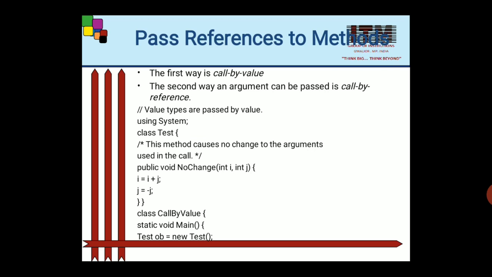The first way is call by value, and the second way an argument can be passed is call by reference. Here is the example of the first one, passing by value. Here we first describe how arguments are passed.